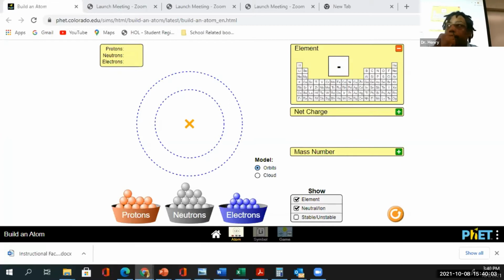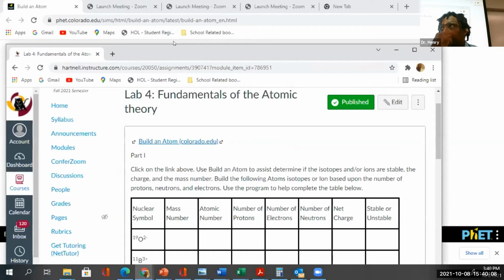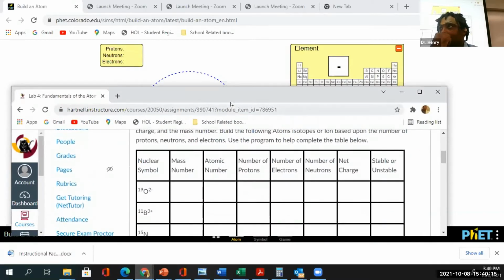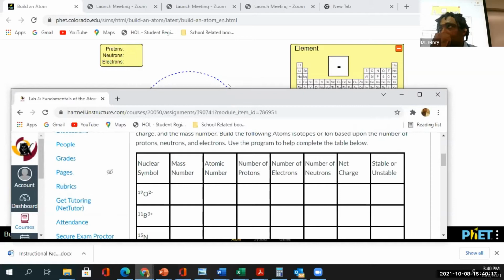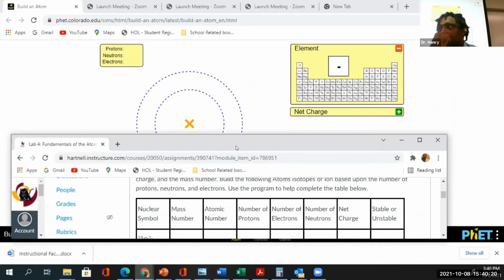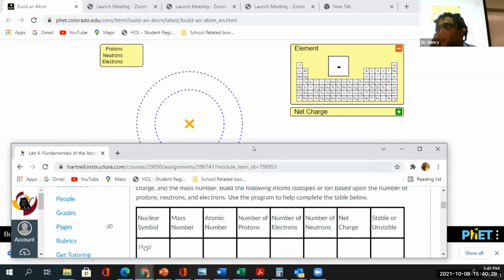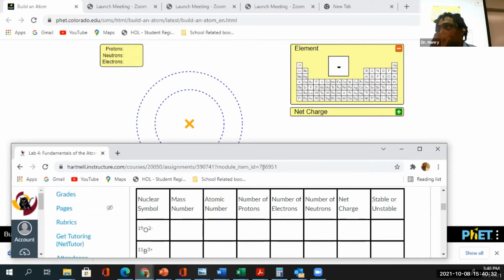Okay, so if we look on our table, I'm going to do this. See if I can put them both on the same screen here. Okay, are you guys able to see that?